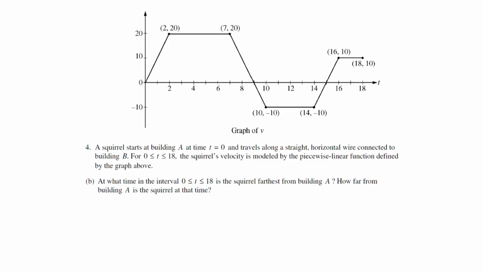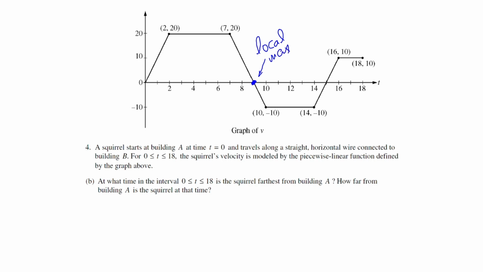And by the time we get to t equals 9, we've had a positive velocity the whole time, so we're pretty far away at that point. And so we could have a maximum here. This is a local max because our velocity went from to the right and then to the left.